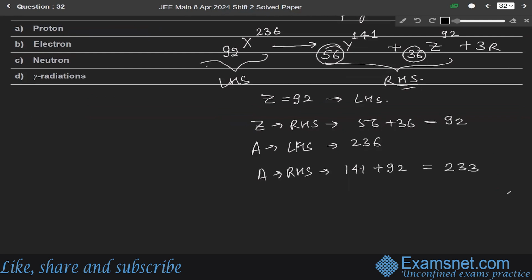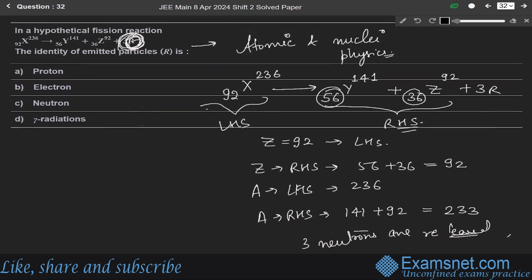It means 3 neutrons are released in RHS. So from the given options, the correct answer is option C, that is neutron. So this R is a neutron here.